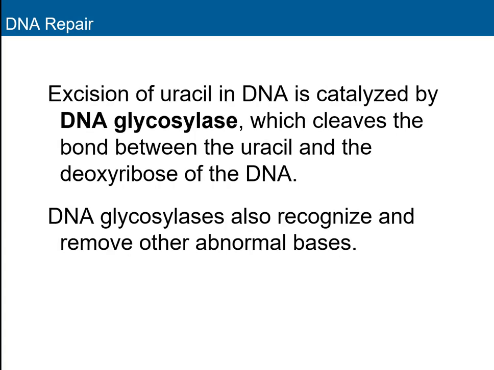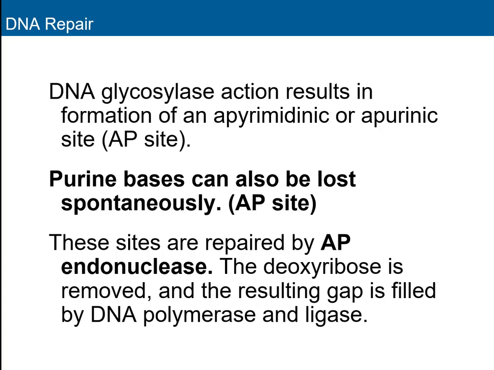Okay, and so this is actually now further explaining that process, right? So the enzyme that catalyzes this is called DNA glycosylase, okay? It will cleave the bond between the uracil and the deoxyribose of the DNA, right? To basically free that base, okay? And then allow the new base to be incorporated in, okay?